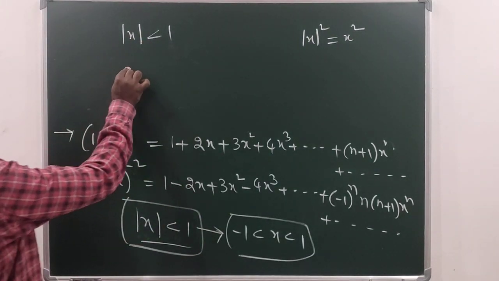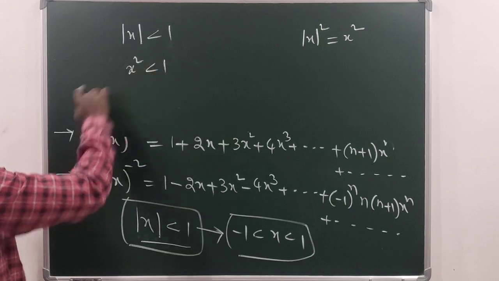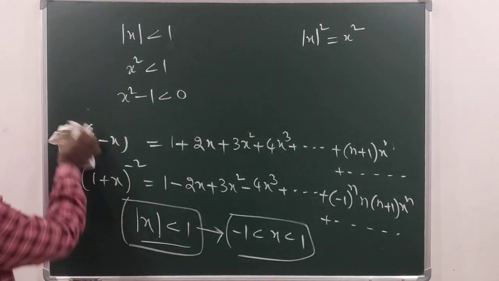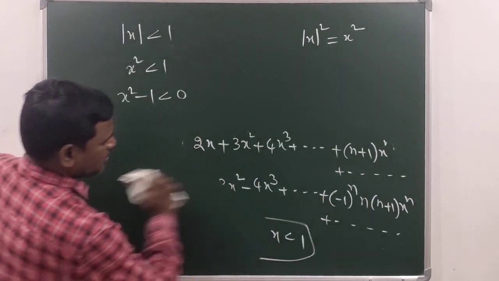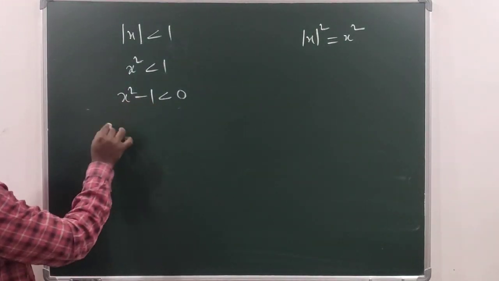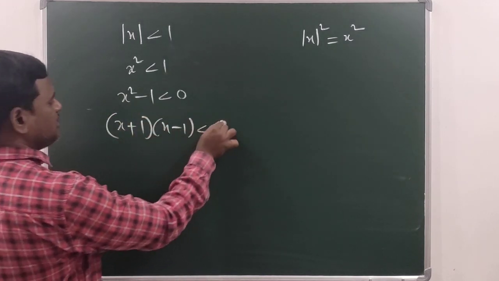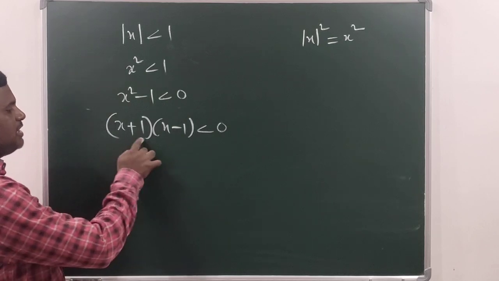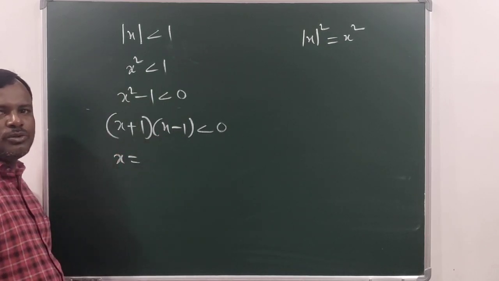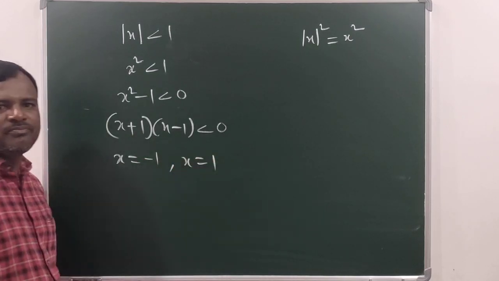So x square less than 1. Now bring this 1 to the left side: x square minus 1 less than 0. Now factorize it: (x + 1)(x - 1) less than 0. Now equate these two linear factors to 0. We will get x equal to minus 1, x equal to 1.